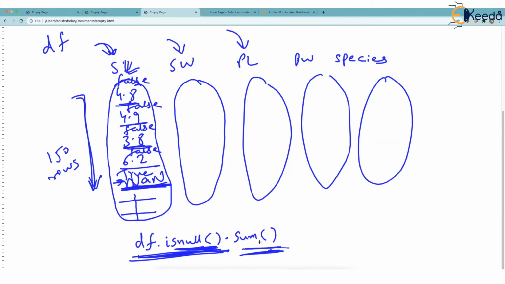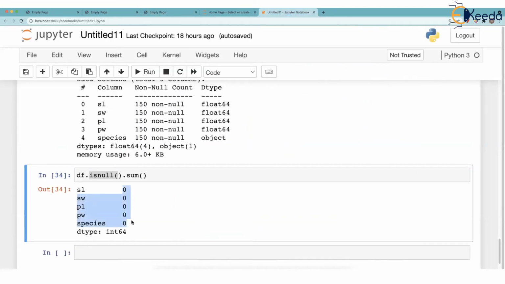And then we are summing up how many true values are there, how many are null. So for SL, we will get 1. You will immediately come to know that in the SL column, there is one null value. Very quickly you can find out. And good news is none of the values are null. All are 0. That's another way of checking for null values.